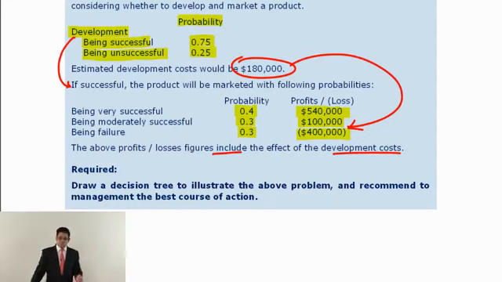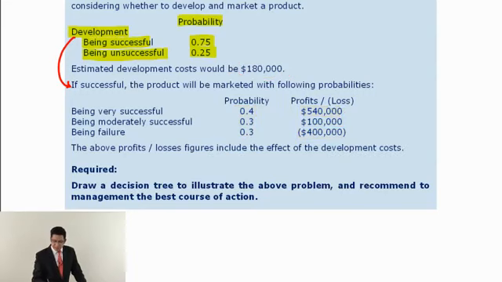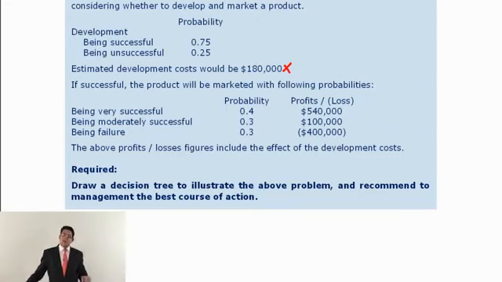If the examiner was saying the above figures exclude the effect of the development cost, then we had to further subtract $180,000. But we wanted to keep questions slightly straightforward so that you are not involved in basic calculations, you are focusing on the decision tree. Okay, so there is no actually adjustment required in relationship to 180,000.